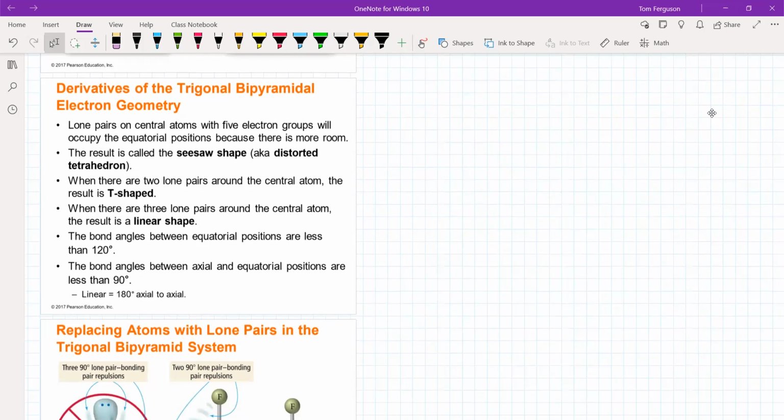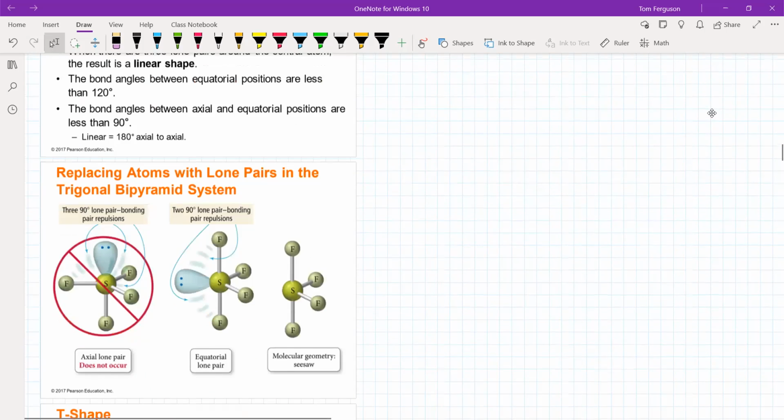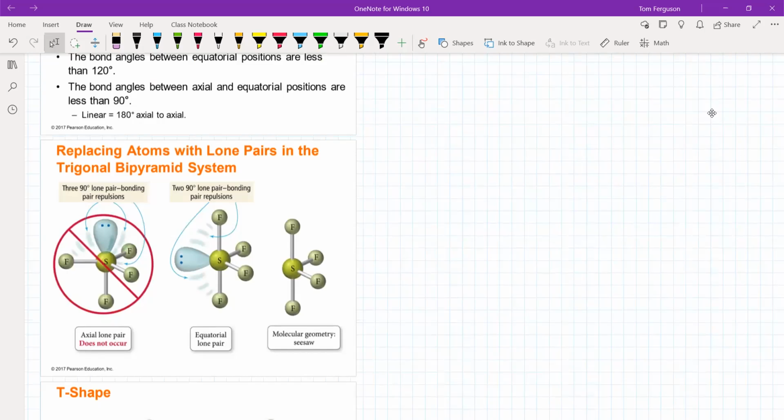Okay. Now, when we have 5 electron groups, 5 electron domains, this is what the central atom is going to look like. Now, notice that if you have a lone pair, where does it go? Does it go equatorially or polarly? It's going to go where there's the most room, because when the lone pair comes in, remember it's bigger.